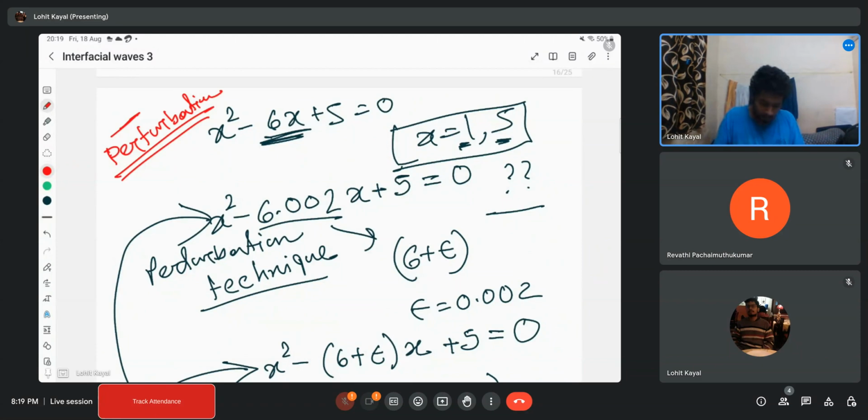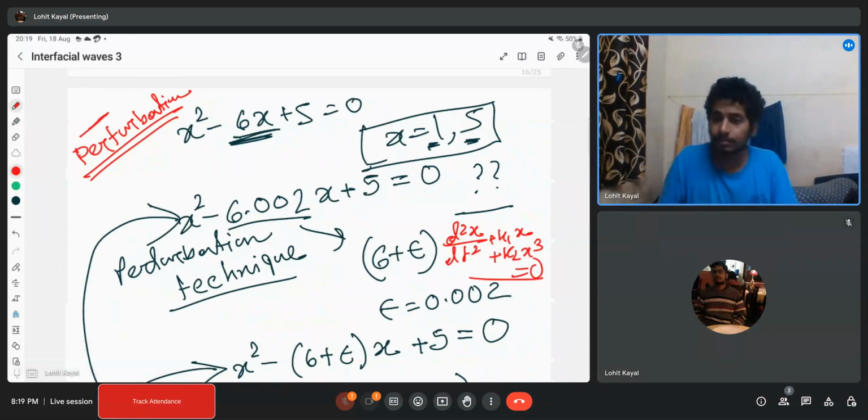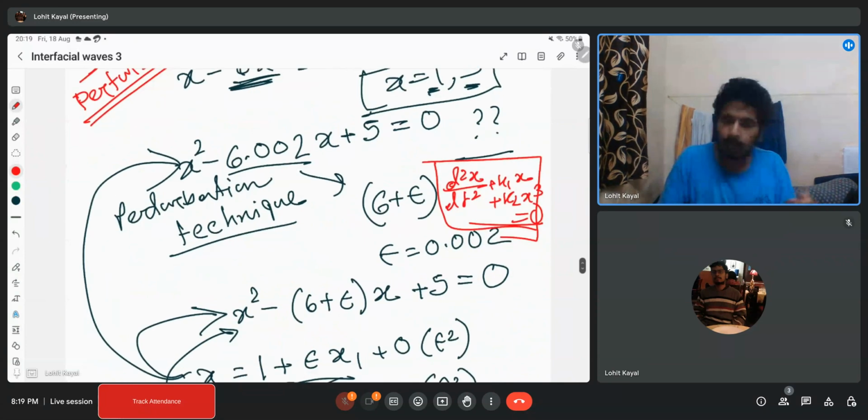Later you will see that we will solve a similar problem, that is d2x dt square plus k1x plus k2x cube equal to 0, using a simple perturbation technique. This can be solved completely by the Jacobi elliptic function, but we will be able to solve it using the perturbation technique, as you will see.